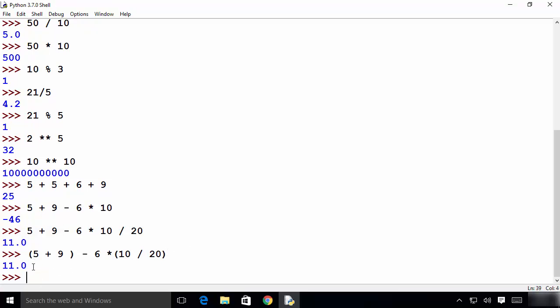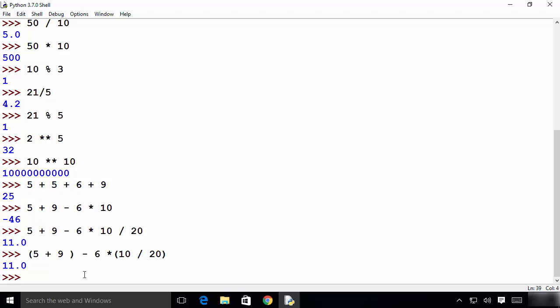And how did we get this result? 5 plus 9 is 14, and the division of these two numbers is 1 by 2. So 6 will be divided by 2, which is 3, and then at last 3 will be subtracted from 14, which will give you 11.